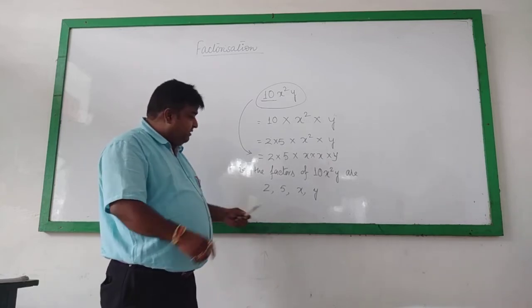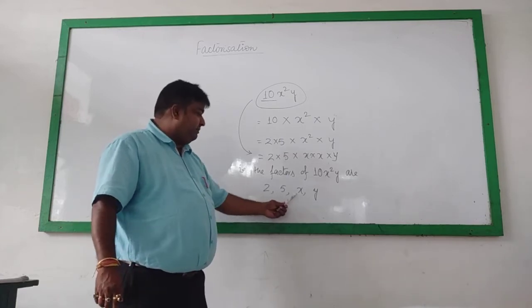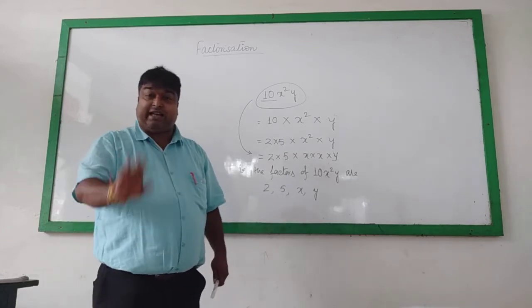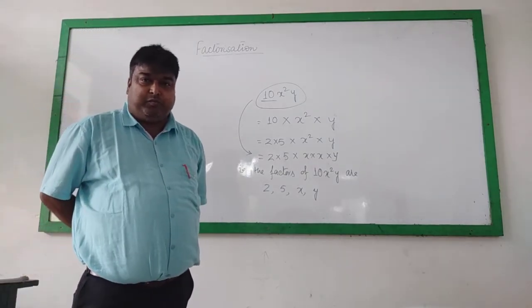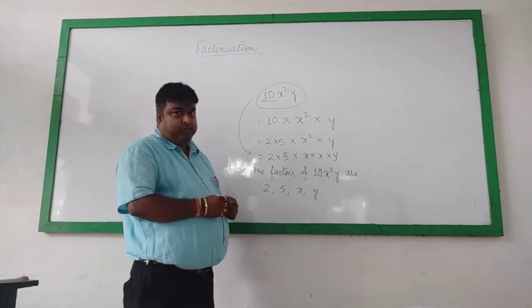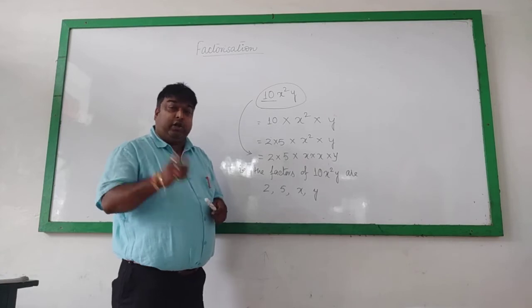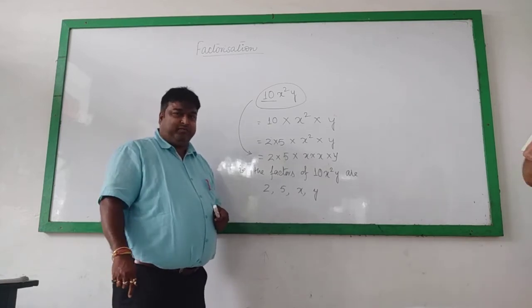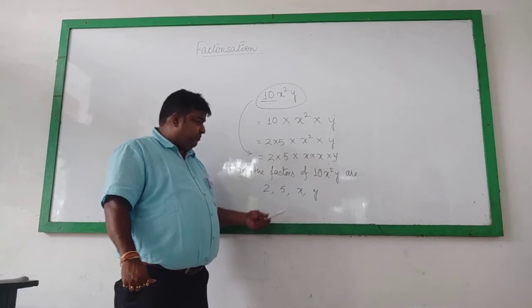If you write one time x, single time, 2, 5, x and y, is it correct or wrong? Logically it is correct.